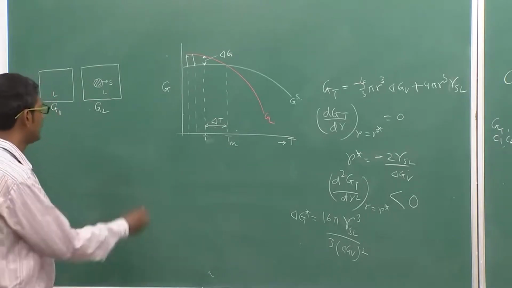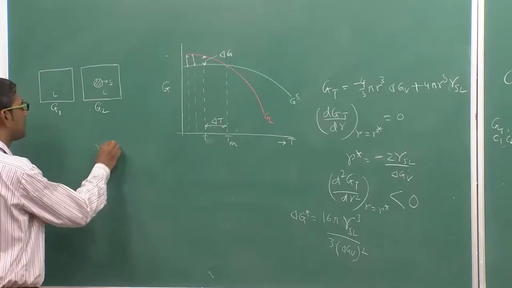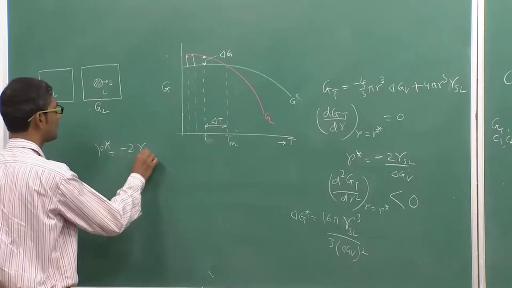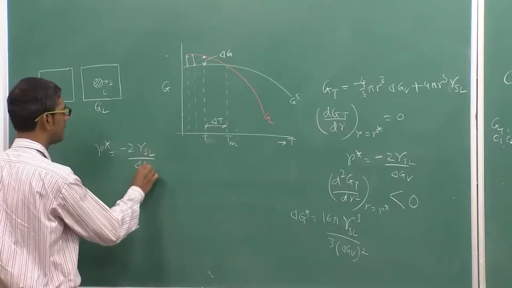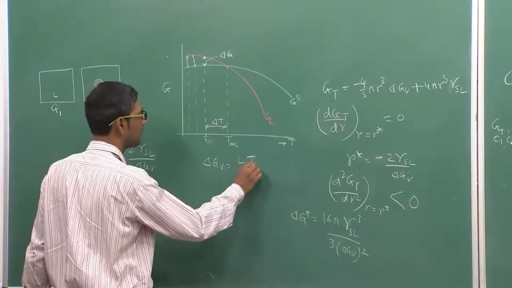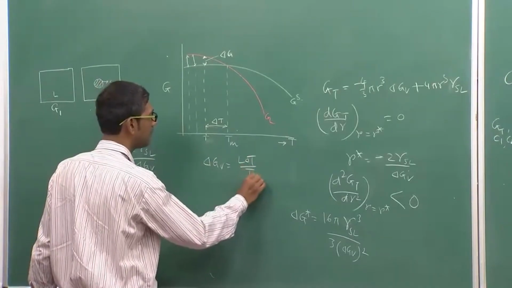Now, R star must be converted in terms of undercooling. As you know, I know delta GV for solidification is what? This is the latent heat times delta T by Tm.